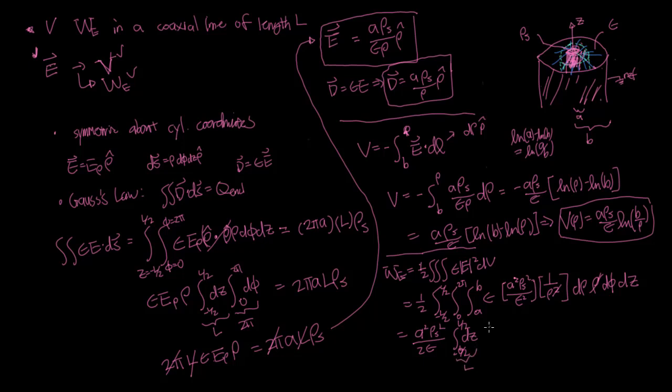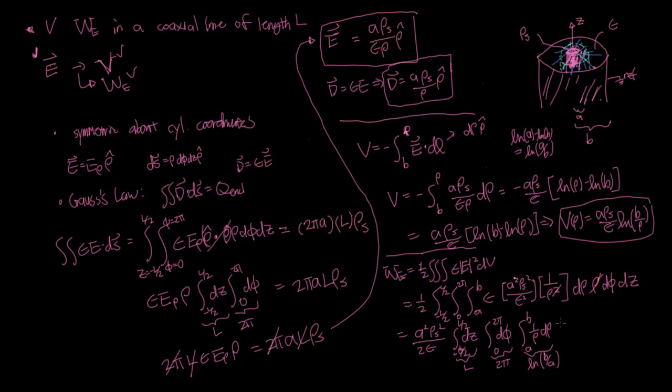This whole thing is going to be equal to L. And then you have your phi. There's no phi, so it's just d phi from 0 to 2 pi. That's going to give you 2 pi. And then you have 1 over rho d rho going from A to B. And with our little exercise that we did here, you can just eyeball this and see that that's going to be the ln of B over A.